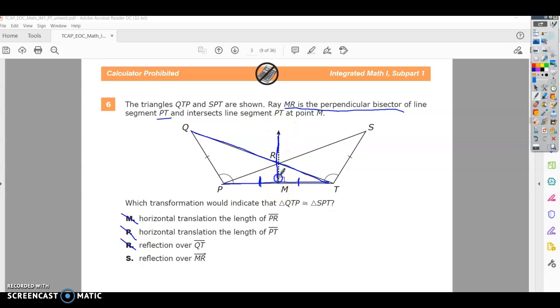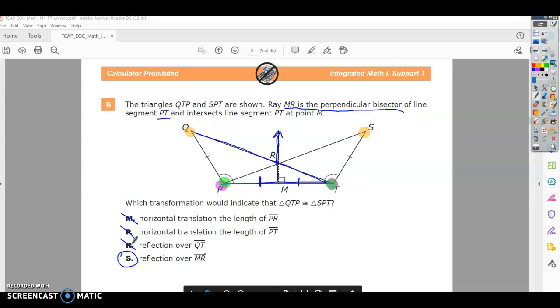So here's our ray. All right, if we reflect it over this line, that means that P would reflect over to T. And then Q reflected across this line would come to S. And then the last one, T would reflect over, these are the same distance, perpendicular bisector, T would become P. So this is the only one that would make this work.